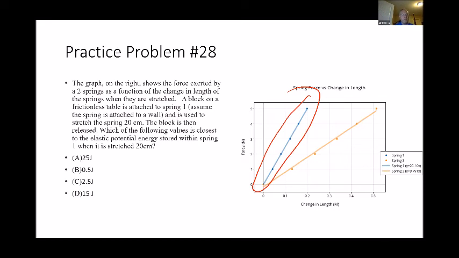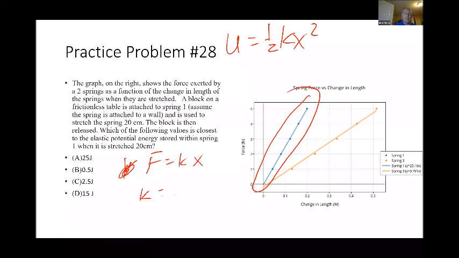Which of the following values is closest to the elastic potential energy stored within the spring when it's stretched 20 centimeters? So we worked a similar problem a minute ago, and we said that elastic potential energy is 1/2 kx squared. Before we can work this problem, we need K. And we said that F equals Kx, which means K is F over x.